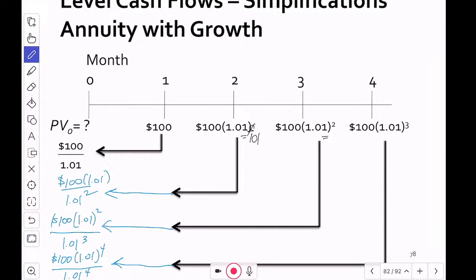This would be 102.01. This would be 103.03. Okay, but there's also decimal places here. Anyway, so I don't need those numbers.